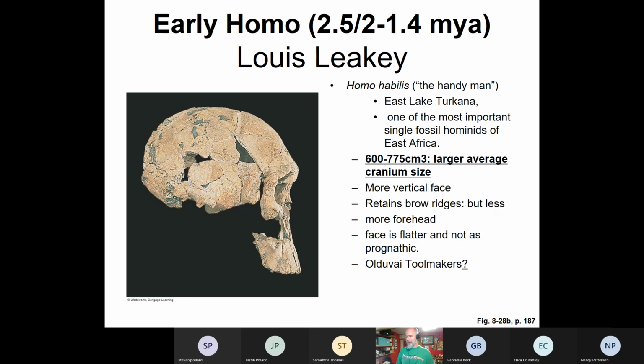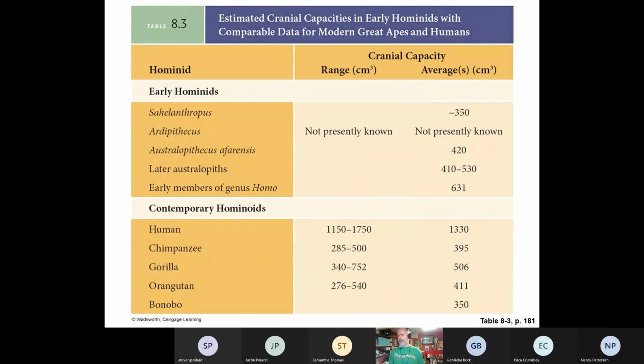This is the transitional moment. And if you look at the track record here, you've got Sahelanthropus, and this is the brain size: Sahelanthropus at 350. Ardipithecus, we're not sure because we don't have much, except for Forensis, thought to be 420.